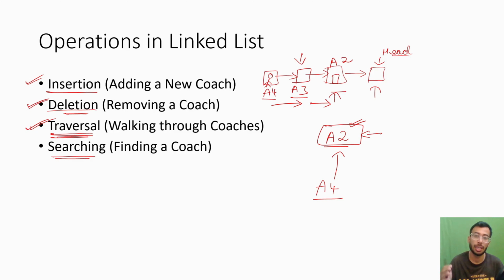Now they are searching from one node to another whether the particular data, the particular passenger, is present in the coach or not. So finding a coach is a searching operation in a linked list, where you search for the data of a particular coach.